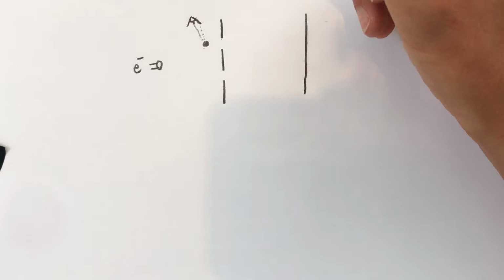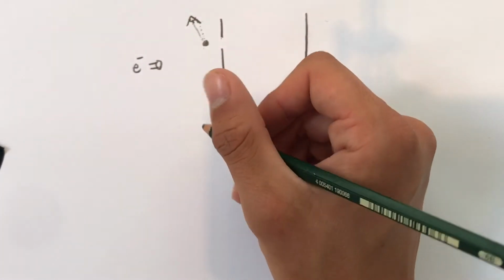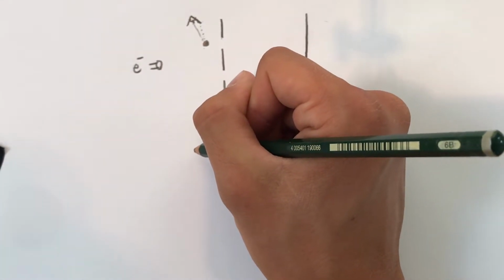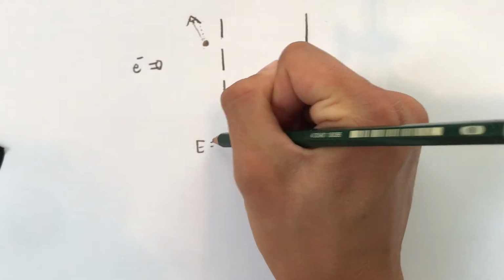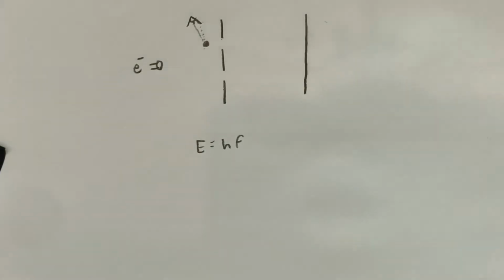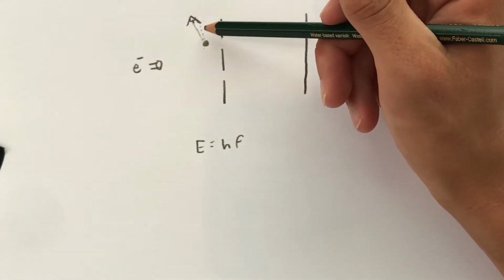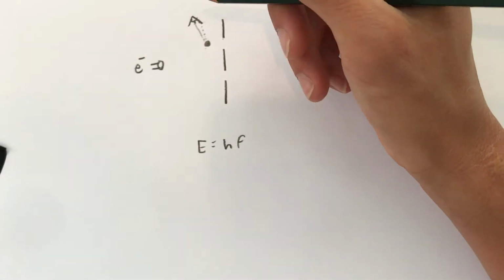It alters with the total energy, but not with the energy of a single photon. Because the energy of a photon is simply h multiplied by the frequency of the light. Now we'll get into greater detail about this in just a second.